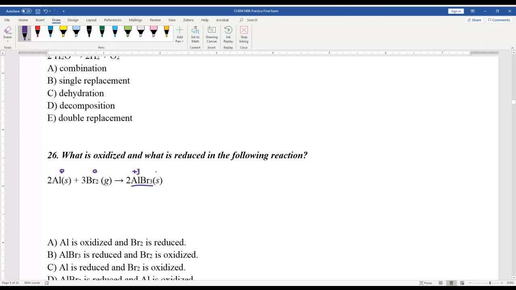What is the oxidation number for bromine? -1. Yep. So aluminum's charge is +3, so its oxidation number is +3. Bromine's charge is -1, so its oxidation number is -1.